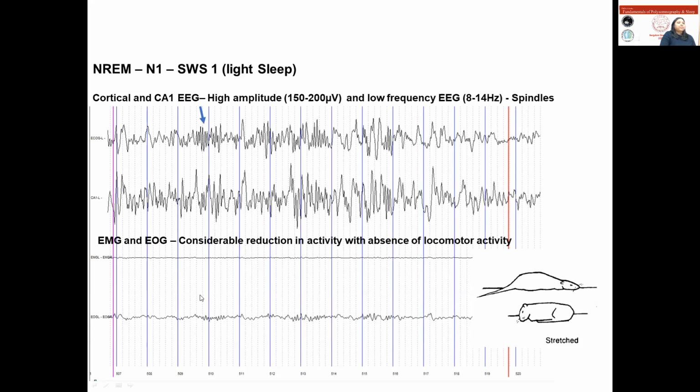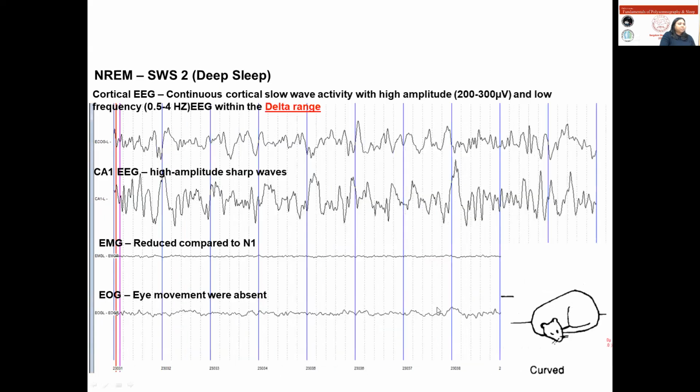The rat also shows a very typical behavioral body posture during different stages of sleep. In the non-REM S1 stage, the slow wave sleep stage, the animal sleeps in a stretched position.